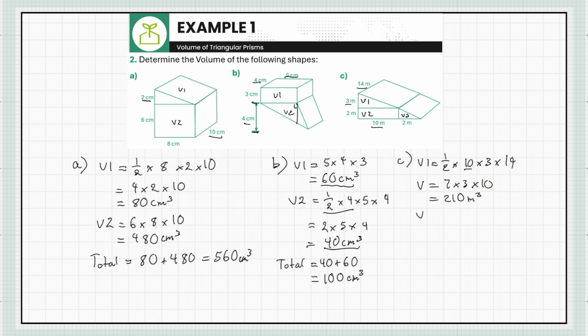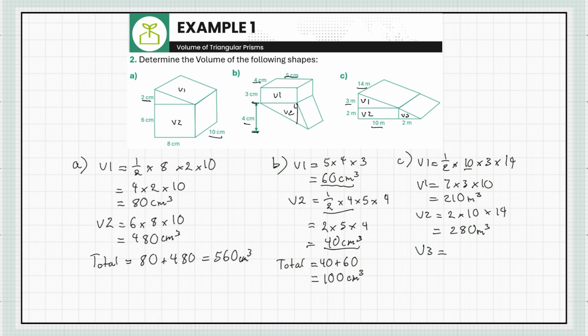Now if we look at volume 2, we've got our rectangular prism, so that's pretty easy to calculate. It's going to be 2 times 10 times 14. Alright, so that equals 280 meters cubed. Easy way to do that: 2 times 14 is 28, times 10 is 280.